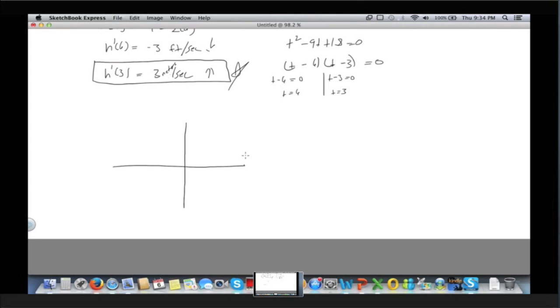I think I have that in here. So this is a new problem, so you'll have to graph it. Okay. 9x minus x squared. Let me zoom out. Zoom standard. Okay.